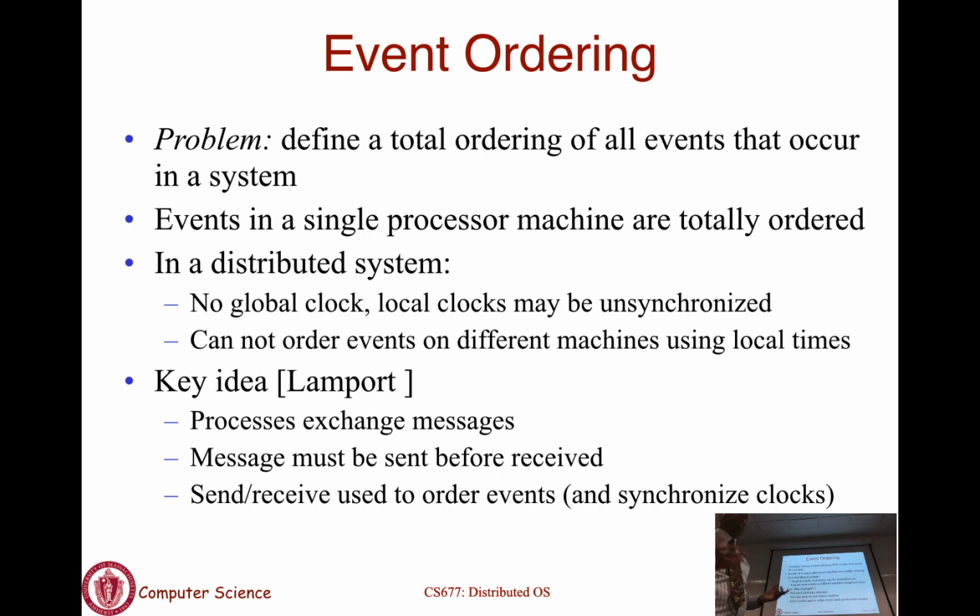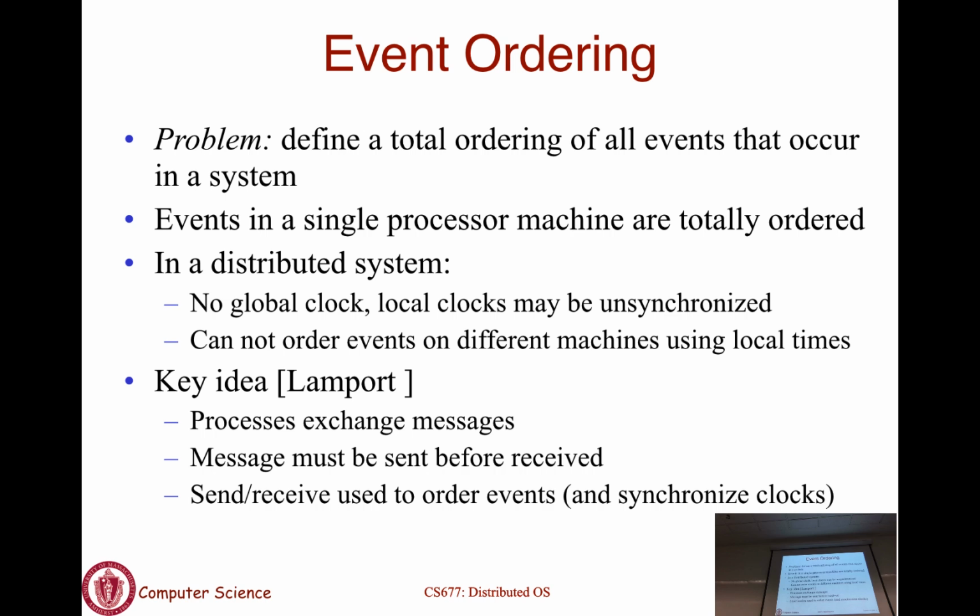Program execution, because it's sequential, gives us a natural ordering of events that are occurring within a process. Even across processes on the same machine, it is straightforward to order events, because you can simply take the time of the event, based on the local clock, and order all the events according to time.